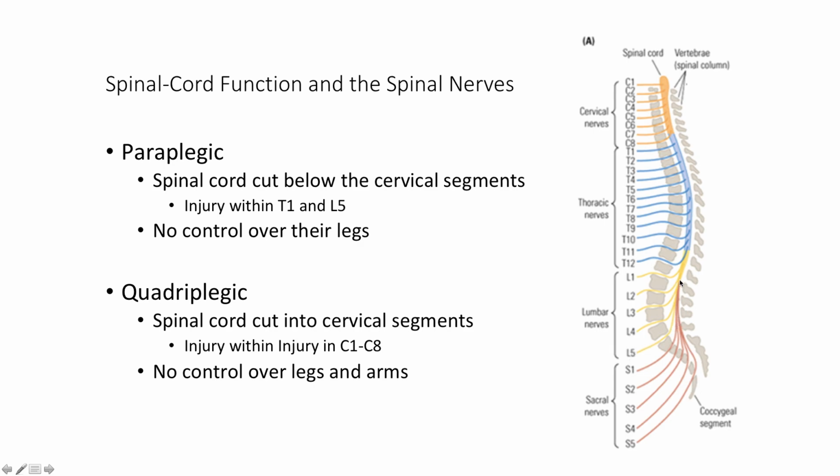So if you have an injury between here and here, there is a likelihood that you will not have any control over your legs. If the cut is higher, however, there is a possibility that the patient won't be able to move their arms as well. So if the cut is between C1 and C8, the person might also not have control over the legs and arms.